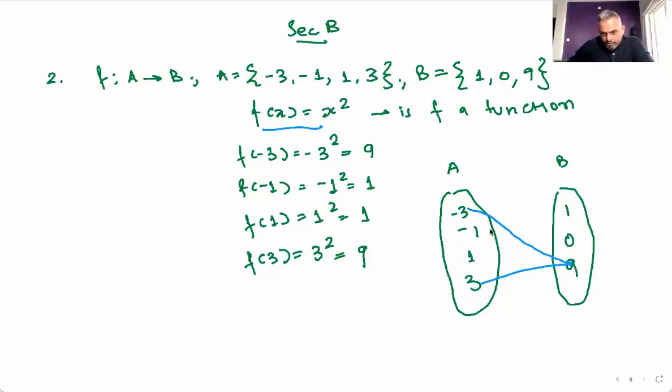Minus 1 has 1 and plus 1 also has 1. So here we can say that f is a function. बट अगर ऐसा होता माइनस 1 और यहाँ पे कोई भी उसका करस्पॉन्डिंग इमेज नहीं होता, तो देन इट इज नॉट अ फंक्शन. इट मींस अगर इनपुट है तो आउटपुट होना ही चाहिए.